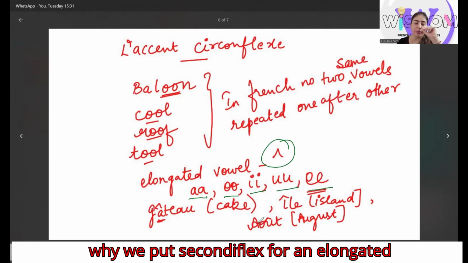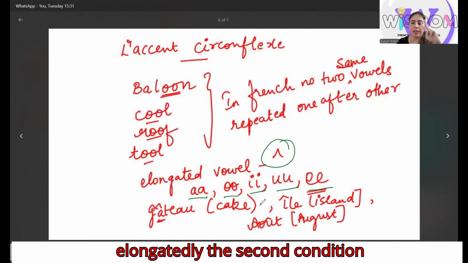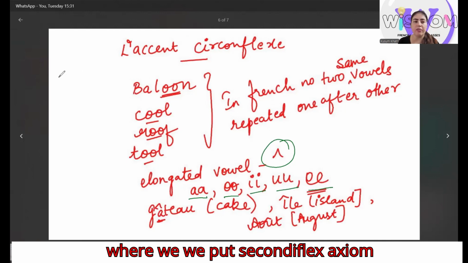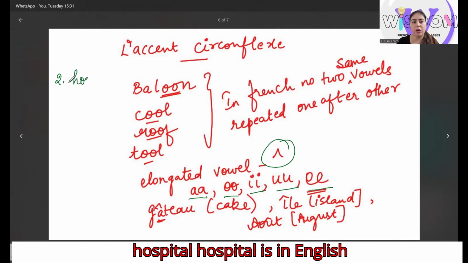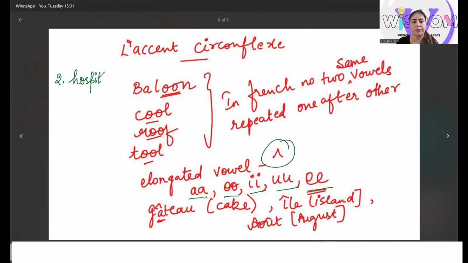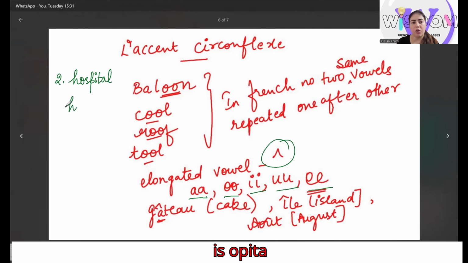So this is why we put circonflexe for an elongated vowel, where we have to pronounce it elongatedly. The second condition where we put the circonflexe axiom, for example, you can say hospital. Hospital is in English. The same thing in French is hôpital.